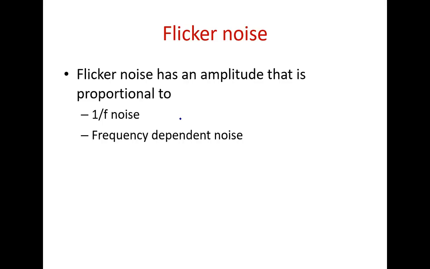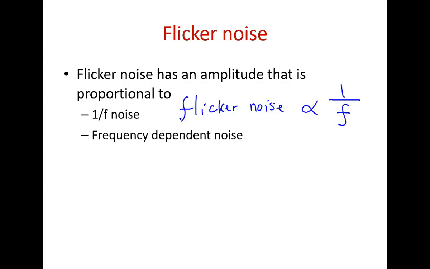So it's frequency dependent noise. Now look at the formula. Flicker noise is proportional to 1 over F. So if you write a formula, flicker noise is proportional to 1 over F. If this is the case, this is going to feature in environmental noise.